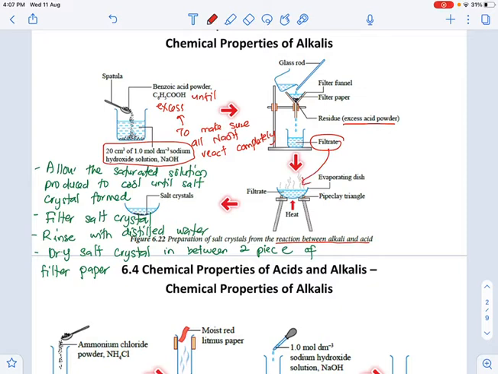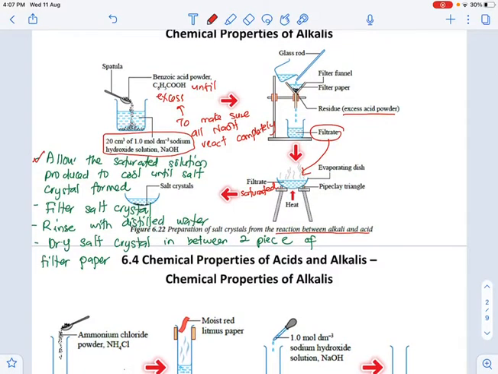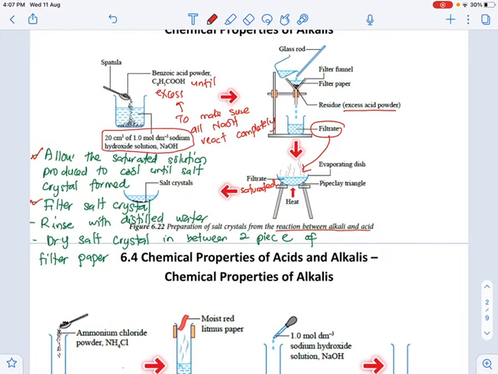Heat the filtrate until saturated. When the filtrate becomes saturated, allow the saturated solution to cool until salt crystals form. When the salt crystals form, filter the salt crystals and rinse with distilled water. And lastly, dry the salt crystals between two pieces of filter paper.